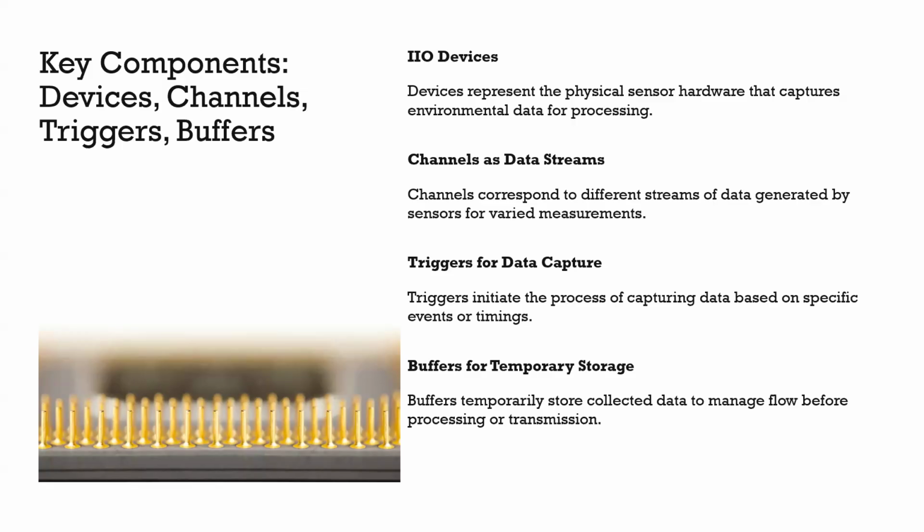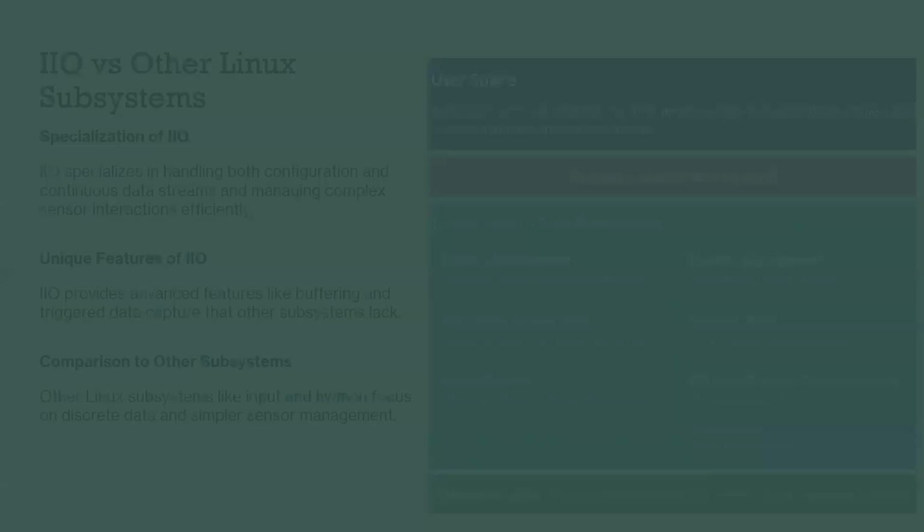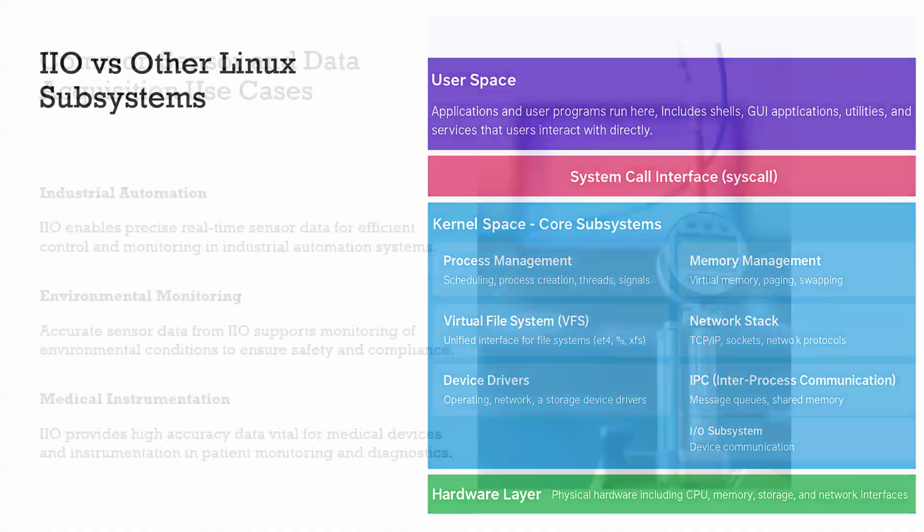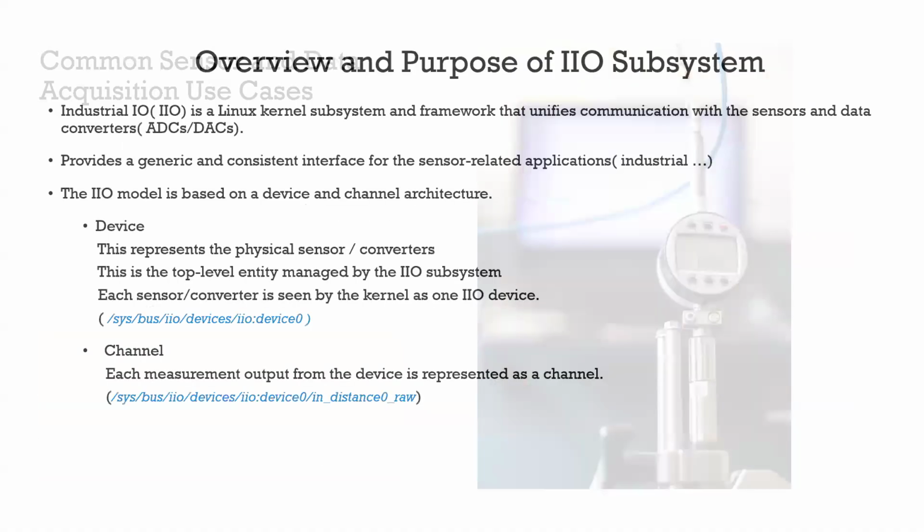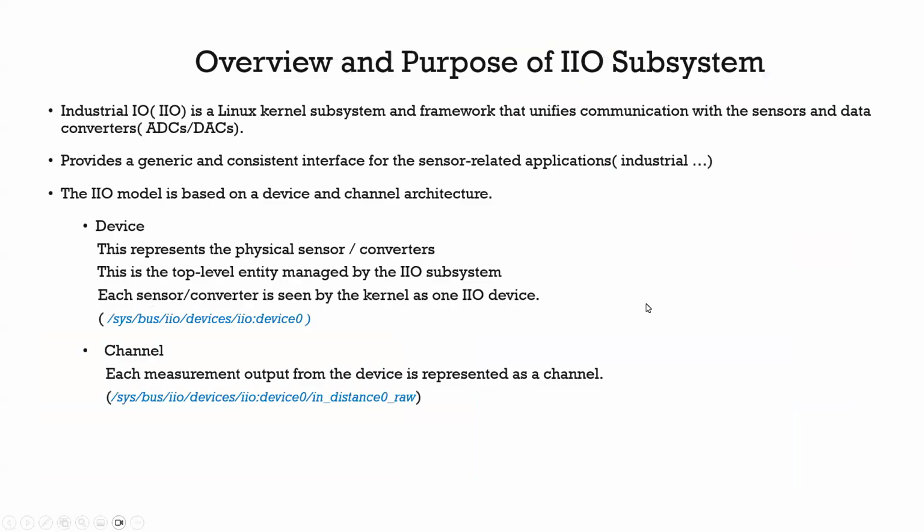If you see these two lines in blue color, up to some extent the path is the same. The first one shows the device, and the other one shows the further attributes of that device.